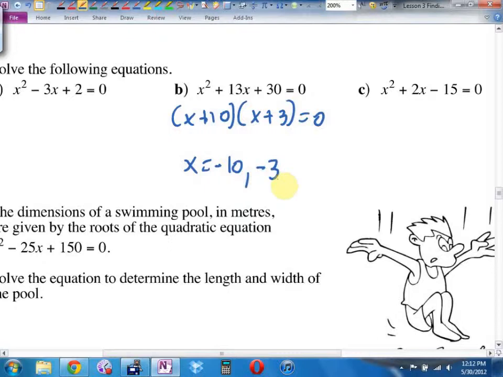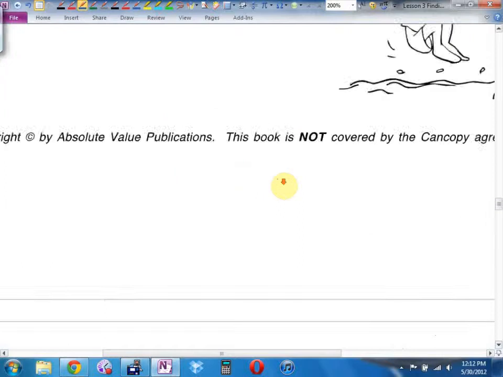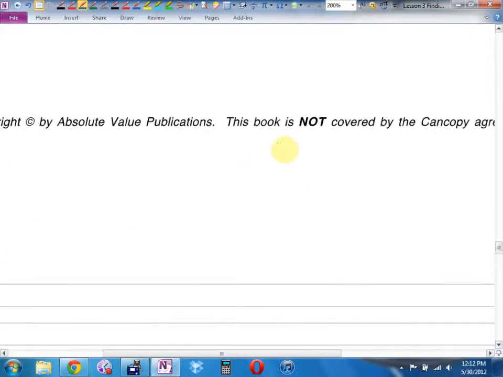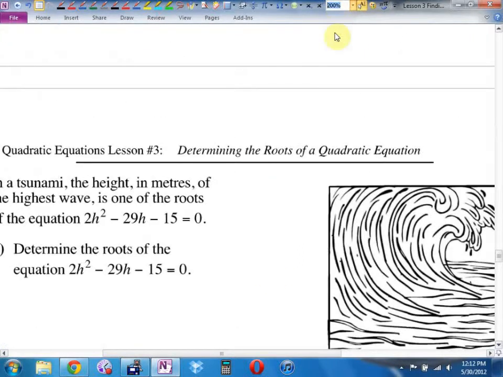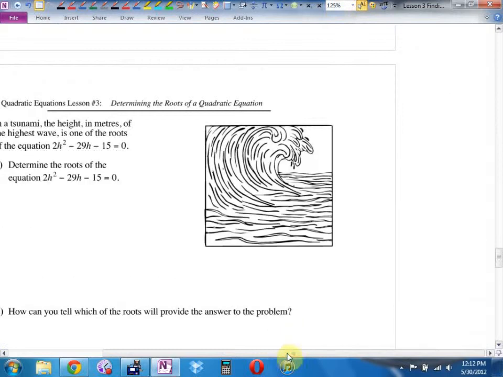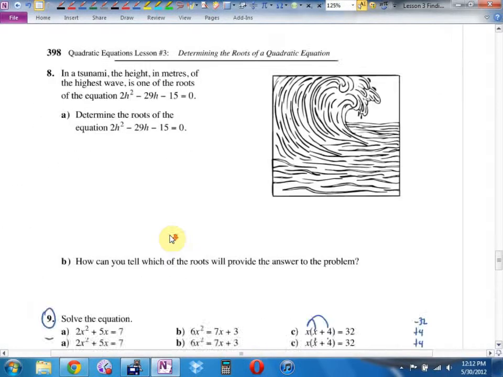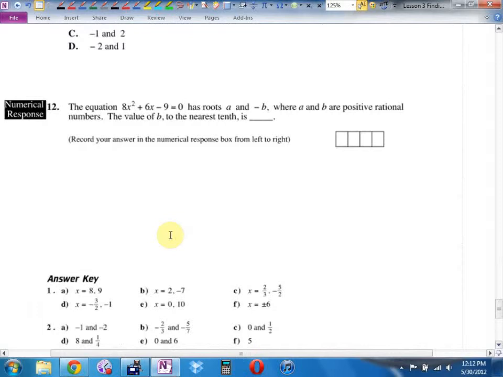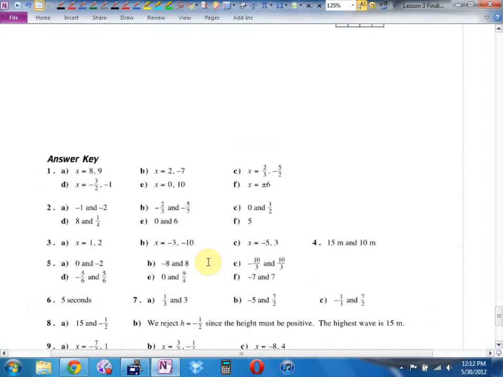Isn't that the answer, or does the back of the book say something different? There's a typo. I will actually email them and let them know. So 3B says negative 3 and negative 10. Isn't that what I got?